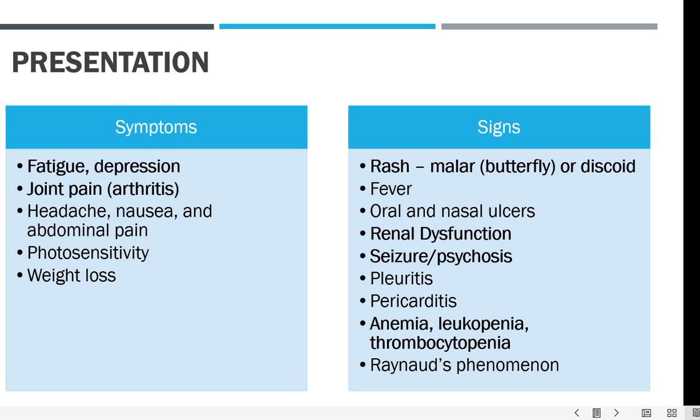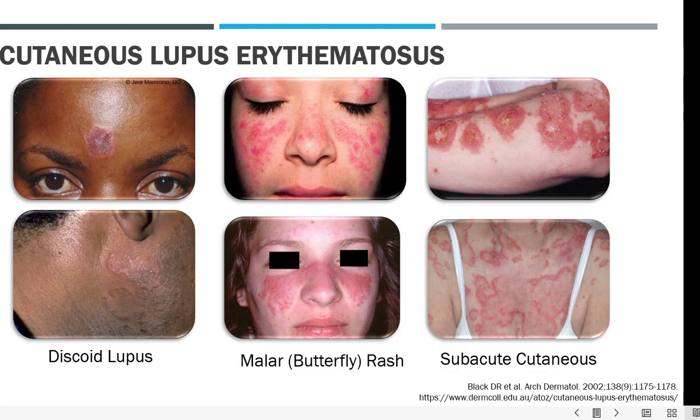So as you can see, the presentation is very nondescript. So we'll talk about some of the things that can help differentiate lupus from some of our other disease states that may present in this way. So thinking about some of our cutaneous presentation.